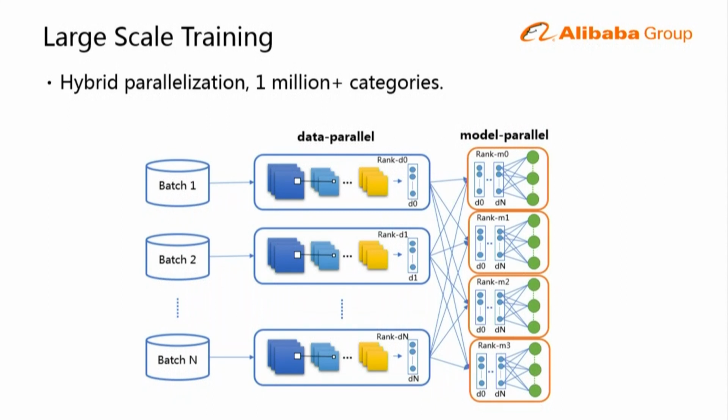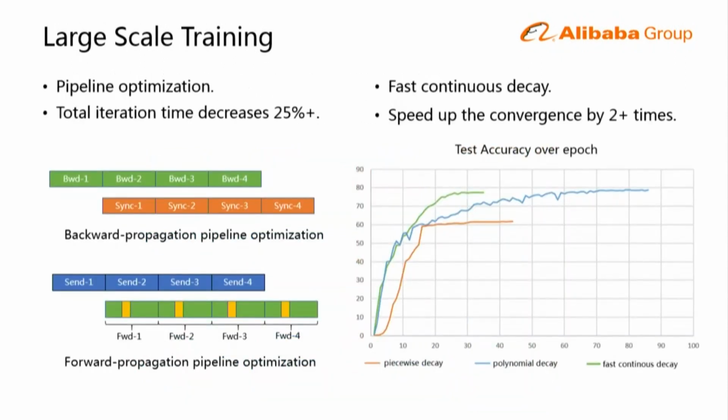For example, we use data parallelization to parallelize the data. And we also use model parallelization to parallelize the softmax layer, because usually for classification tasks, we use softmax layer network structures. Based on the general framework, we do technology innovations such as pipeline optimization.